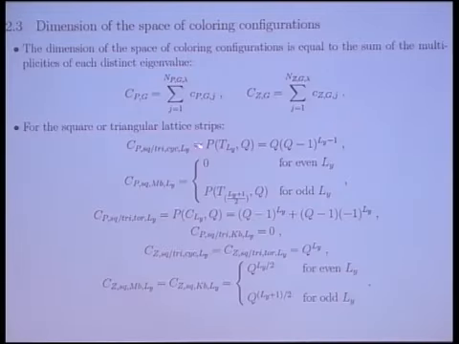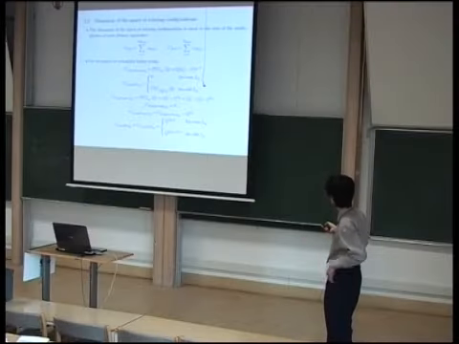Especially let's consider the cyclic boundary condition. As I just mentioned, each slice for the cyclic boundary condition is just a tree graph. So the summation of these coloring configurations should be just the chromatic polynomial of a tree graph, which is q times q minus 1 raised to Ly minus 1, where Ly is the width of the strip.